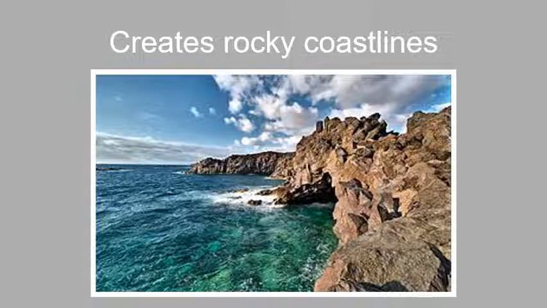Those destructive waves hit against that rocky coastline, breaking pieces of the land away. And as the force of that strong backwash that I keep talking about pulls back into the ocean, so it carries away bits of the coastline with it, destroying the land, breaking it down, and resulting in a rocky coastline.